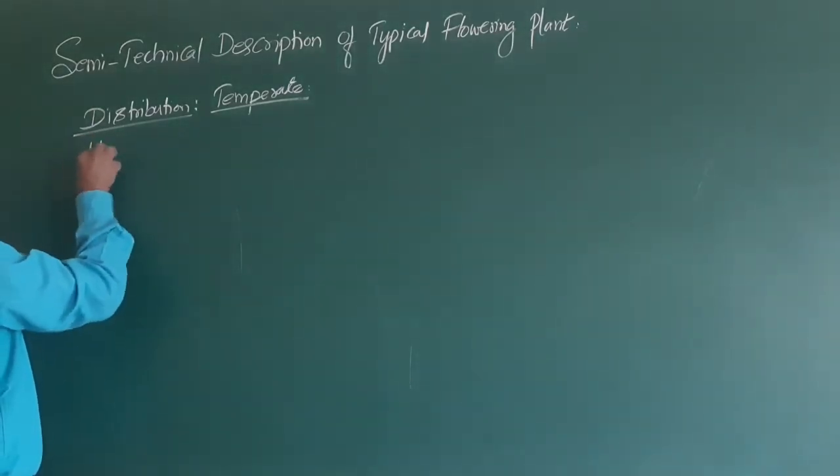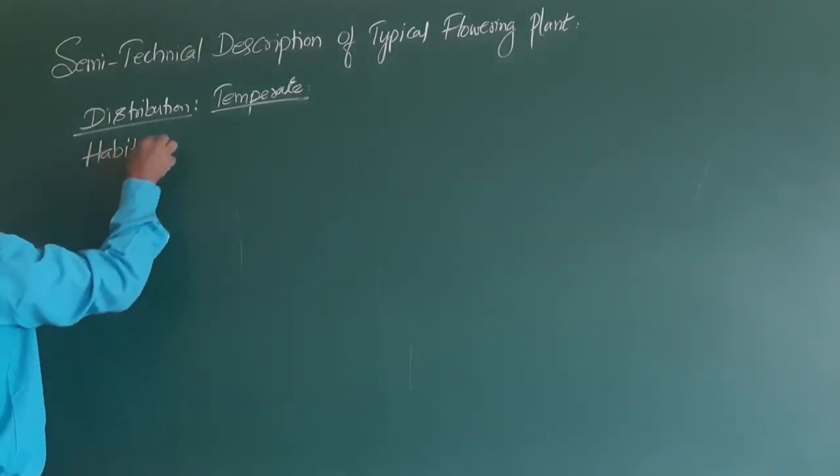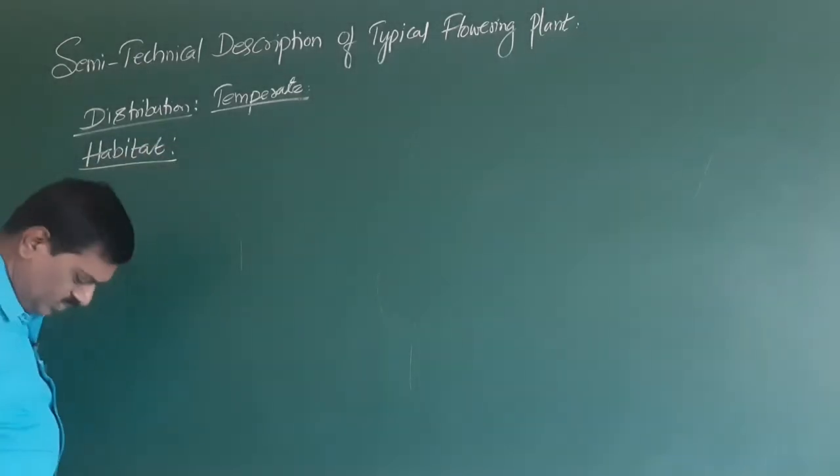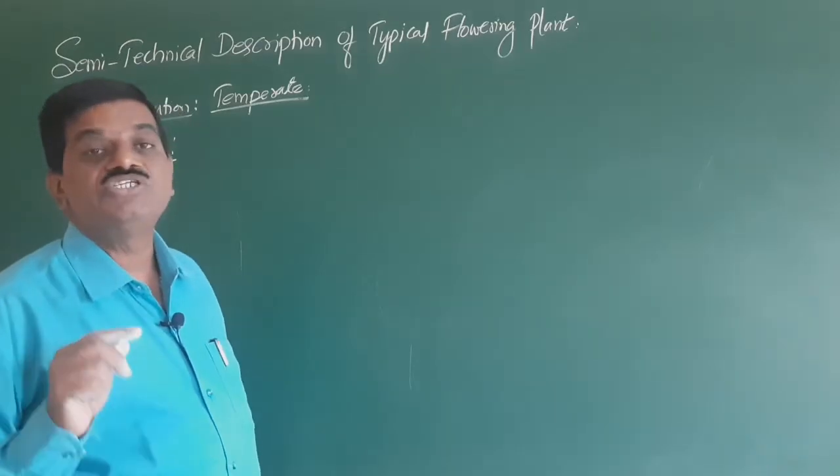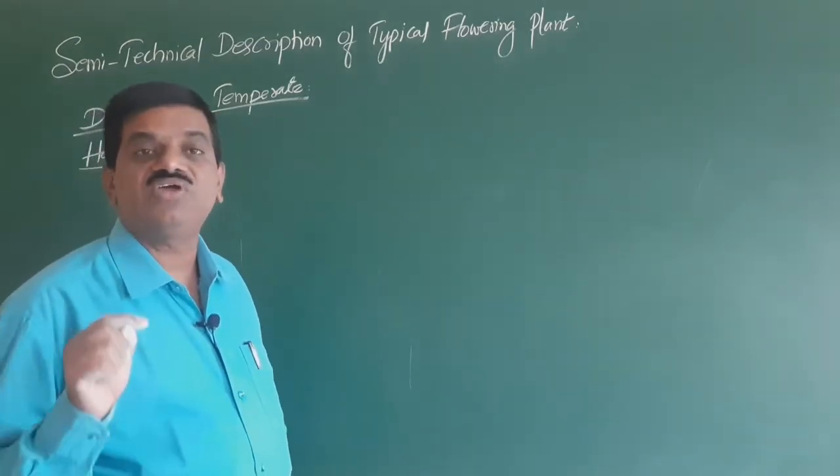The next one we are going to represent is habitat. The word habitat is nothing but where the plant is dwelling. It is the dwelling place of a plant.